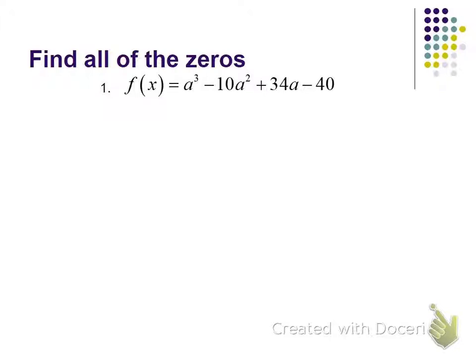Hit enter, hit graph. There's your graph. Now, if you can't see the graph, you might need to go into Zoom and just hit Standard. That'll set all of your windows to negative 10 on the x-axis to 10 on the x-axis, and then negative 10 on the y to 10 on the y. And then you'll be able to see the graph a little bit better.